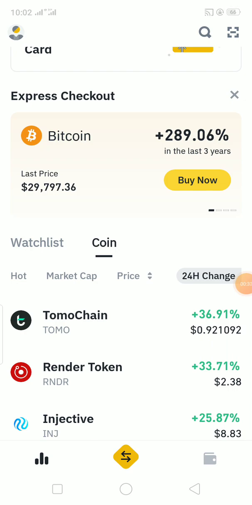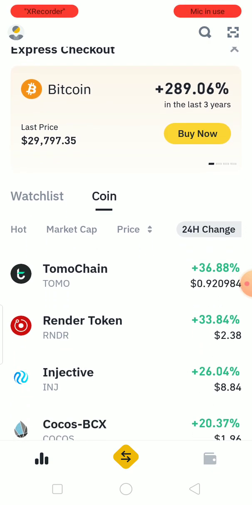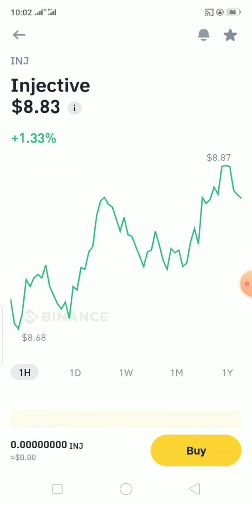And Tomo chain is 36% high, Render coin is 33, and Injective is 26. So let's see, we are gonna invest in Inject. It's going good.